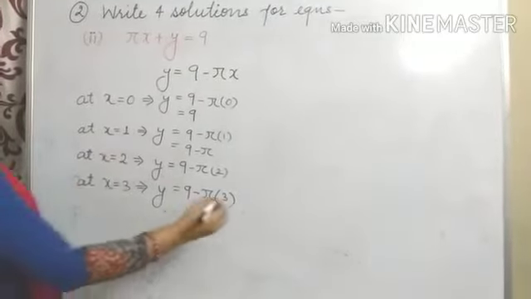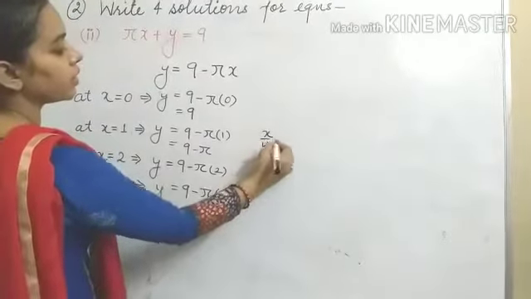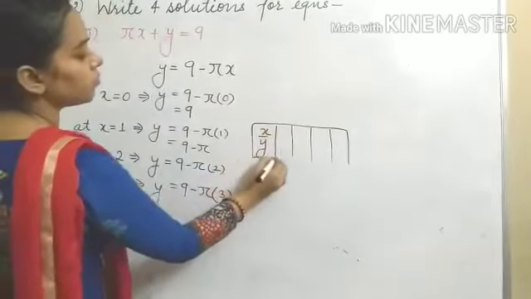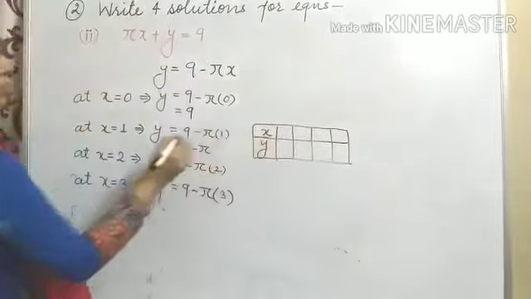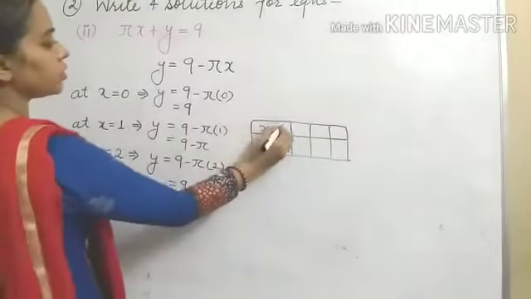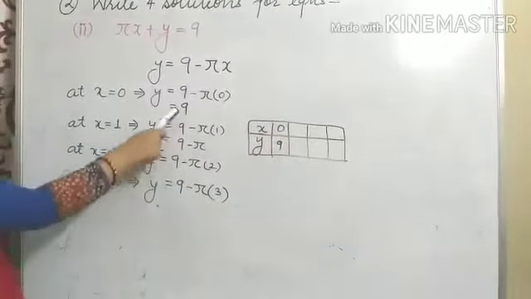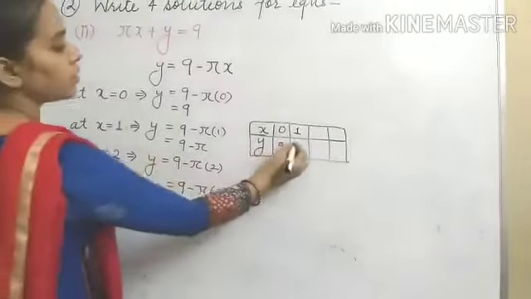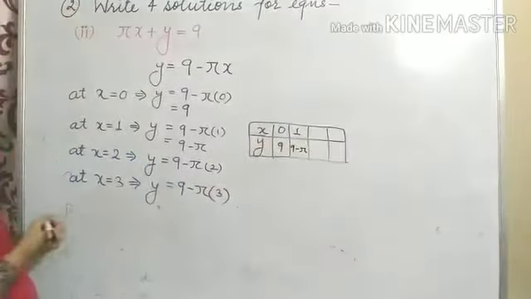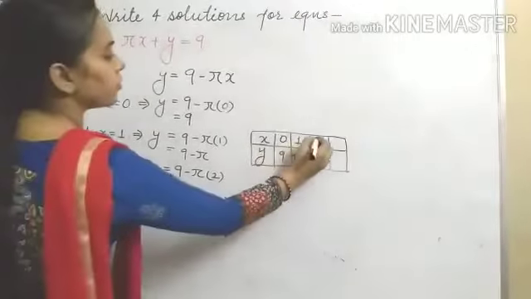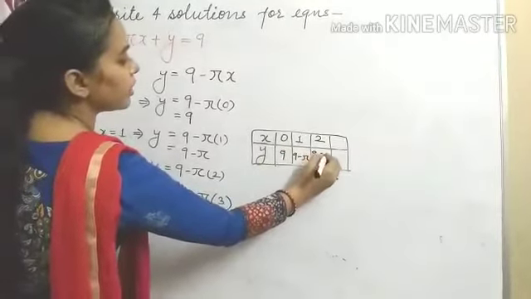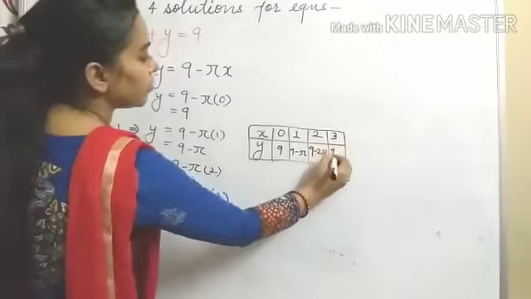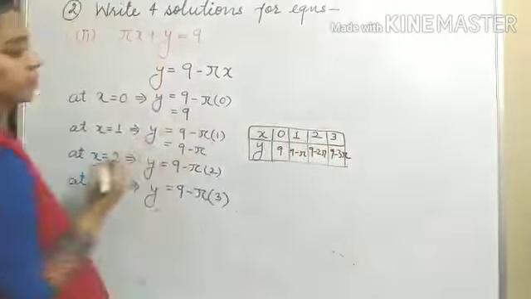Now we can conclude these values by making the table of x and y. For x equal to 0, y is 9. For x equal to 1, y is 9 minus pi. For x equal to 2, y is 9 minus 2 pi. And for x equal to 3, y is 9 minus 3 times pi.